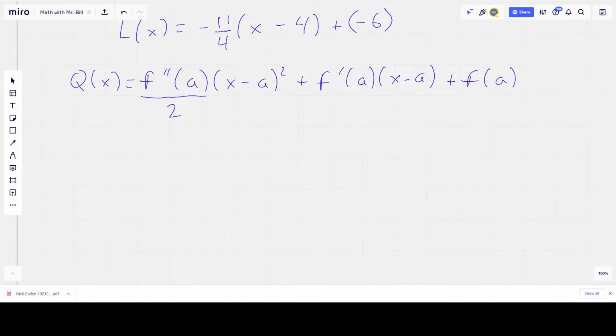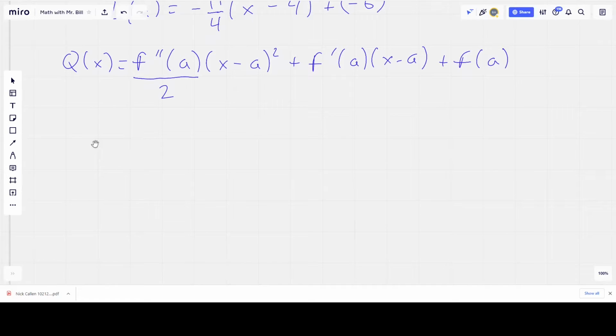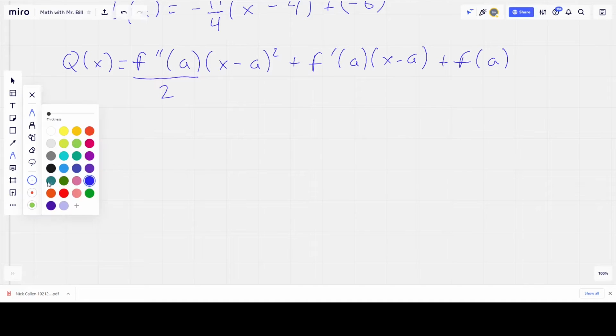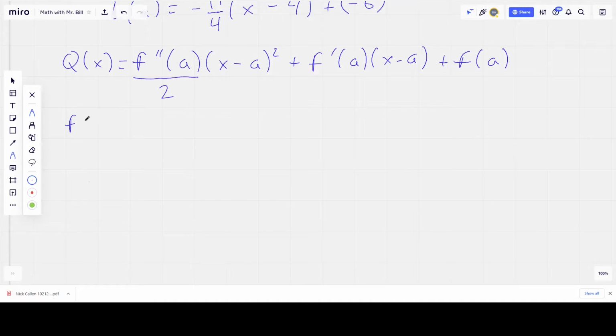So what do we need now? Well, we've got most of this, we just need f double prime, the second derivative of f, evaluated at 4. So we have f prime of x is equal to 1/2 times x to the negative 1/2 minus 3/2 times x to the 1/2.